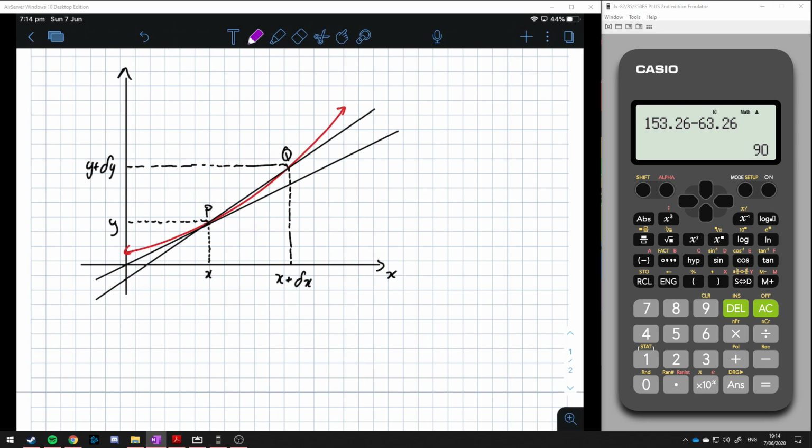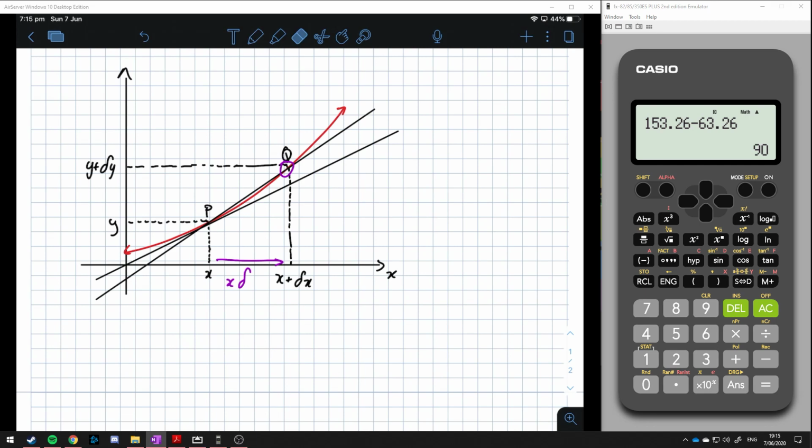And we've got a second point Q, where we've moved x by some amount, we don't know how much, to x plus delta x. Say delta x is like 0.02, it's going to move us a little bit in that direction.